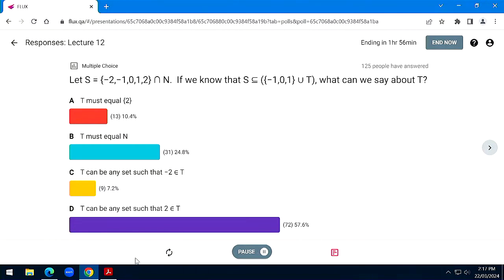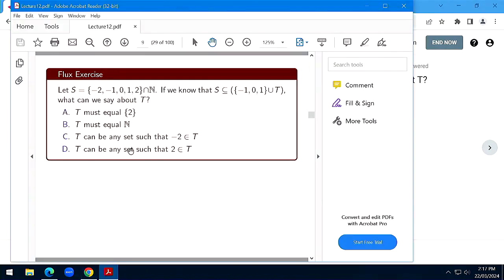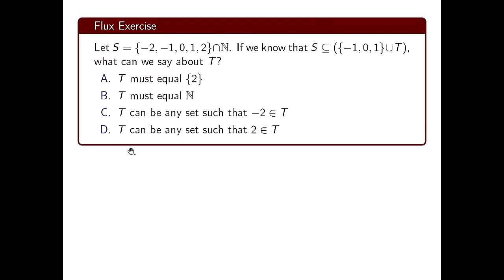Okay. So I think I do agree with the majority of you here, but let's go through it. Firstly, what is S here? S is everything that is in both this set and in N, right? So it's just 0, 1 and 2.